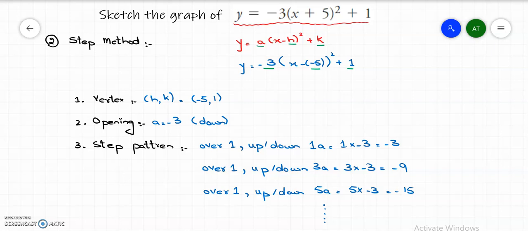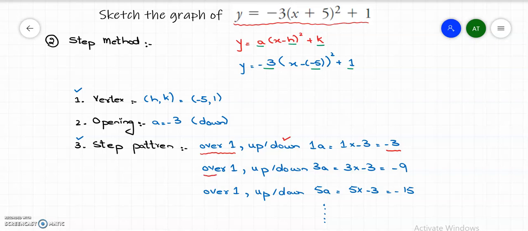To graph the vertex form of the quadratic equation by using the step method, we need the vertex, that is (-5, 1), and we need the step pattern. We have over 1, which means we move 1 unit to the right and 1 unit to the left, and we have -3, so we move down 3 units because it is negative.